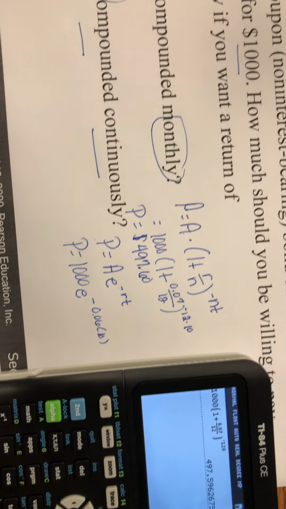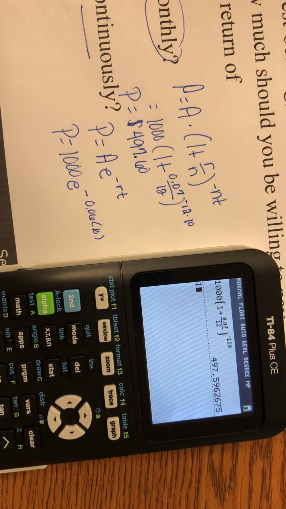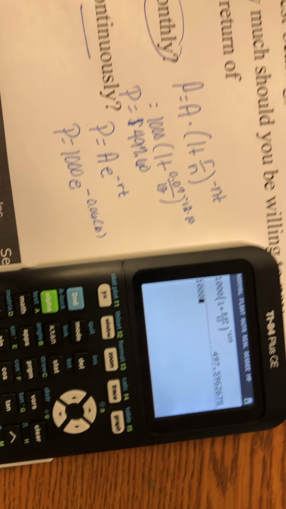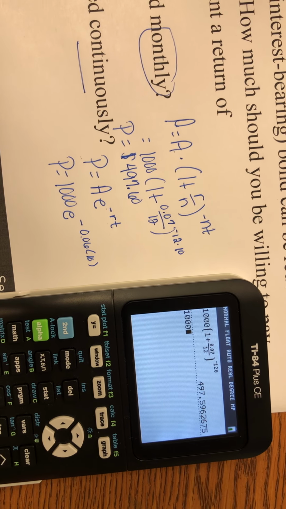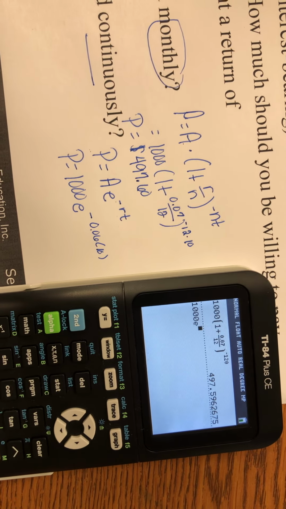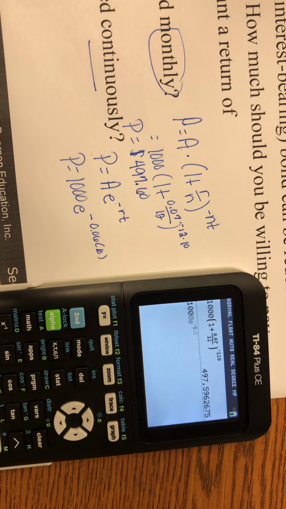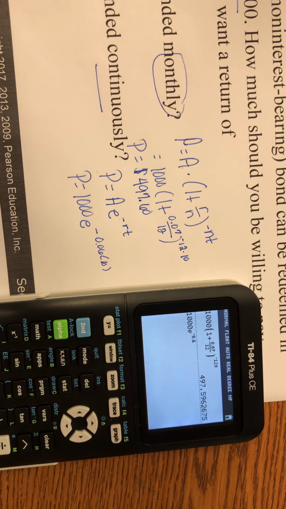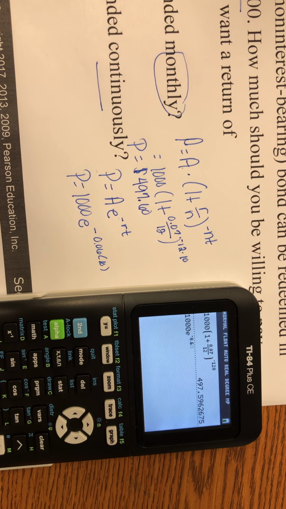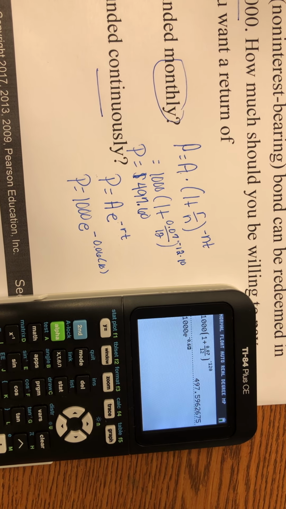So as you plug this into your calculator, you'll have 1,000 times e, so do second natural log, to the negative 0.6. Okay, 0.06 times 10 is going to give you 0.6, and make it negative.